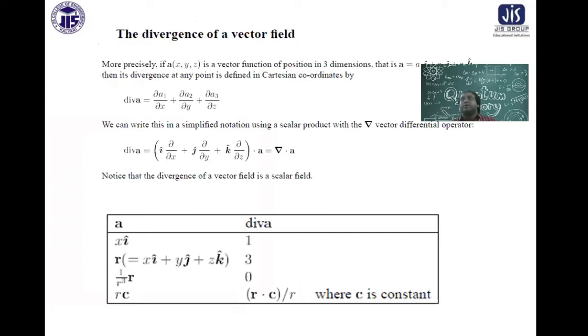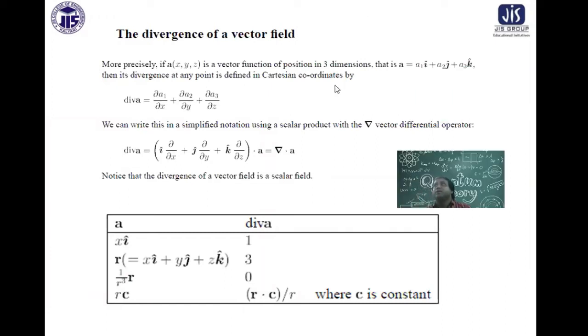There is another example. If you have a vector A(x, y, z), a vector function, its divergence is, as you can see there, del a1 del x. Look at the example, it is very clear and wonderfully presented.